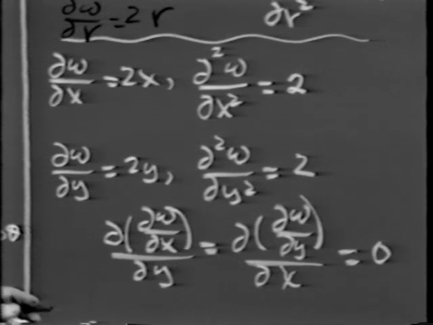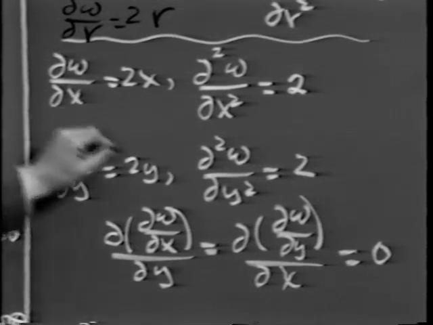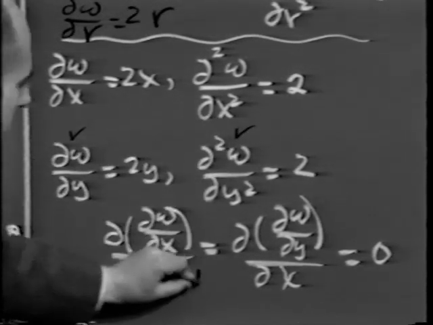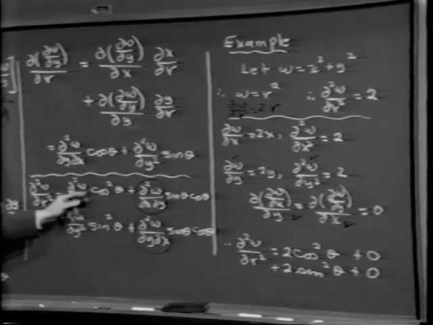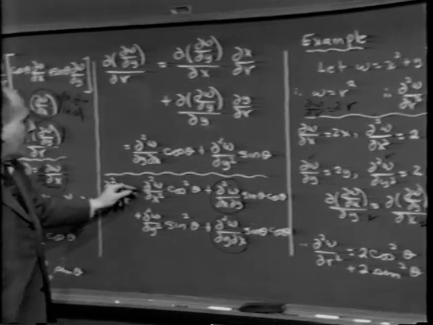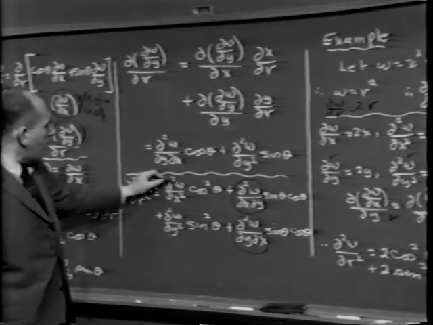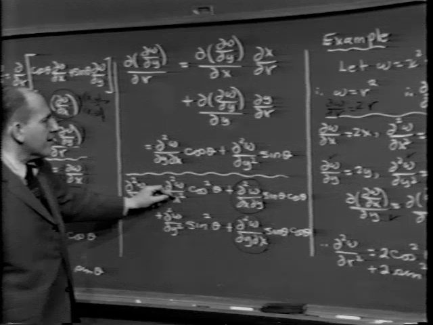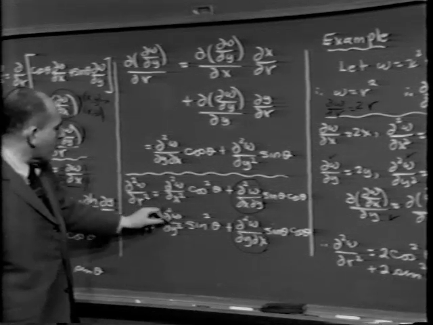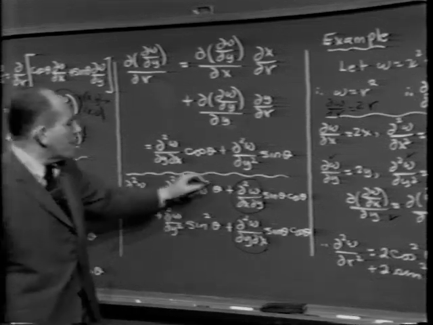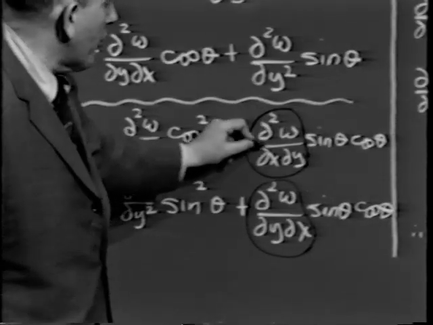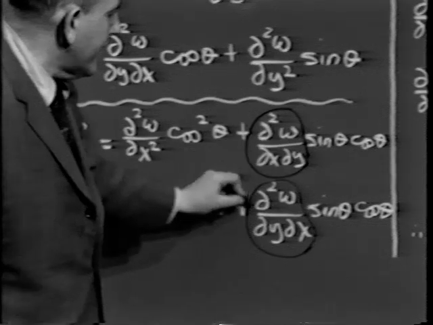And the interesting point now is, if I take these values and substitute those into this equation, what happens? Look, the second partial of w with respect to x is just 2. The second partial of w with respect to y is just 2. The mixed partials are both 0 regardless of which order you did them in.